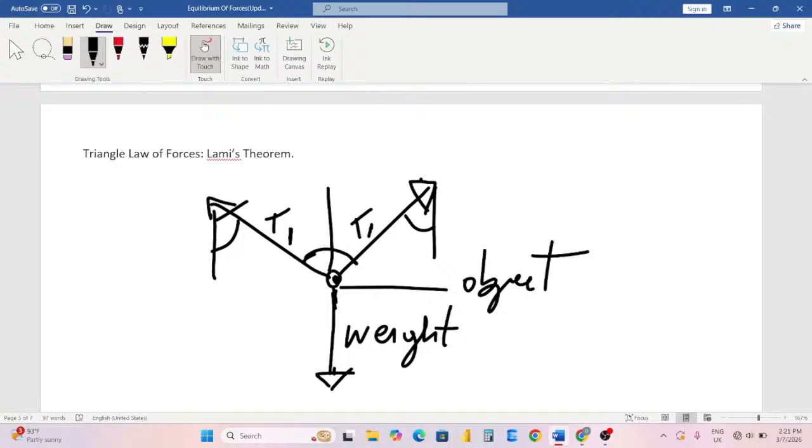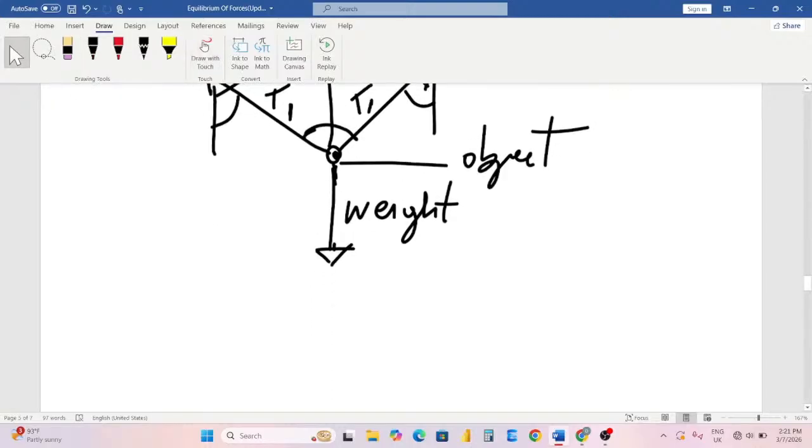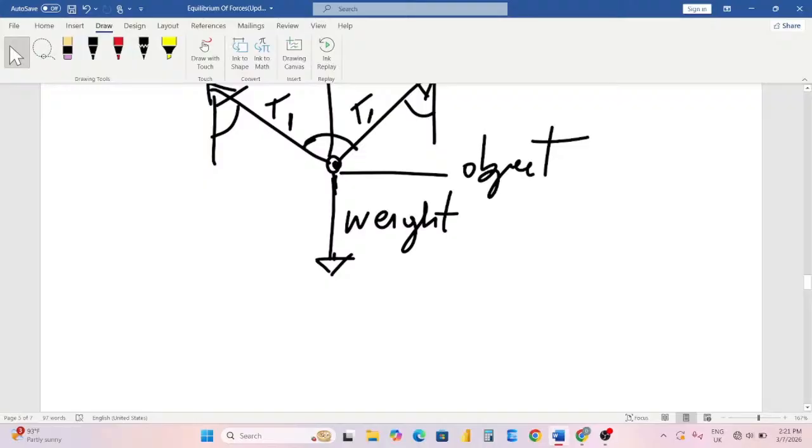So in a situation like this, the triangular forces is applied, where you resolve the forces into a triangle in a head to tail fashion.